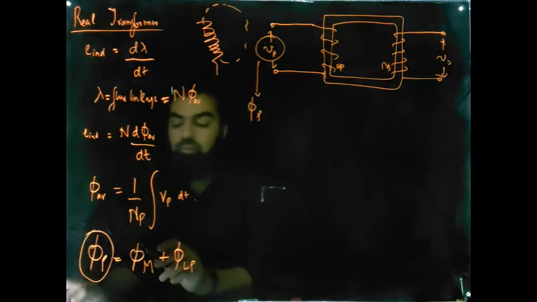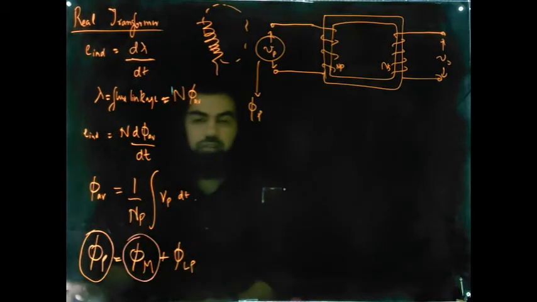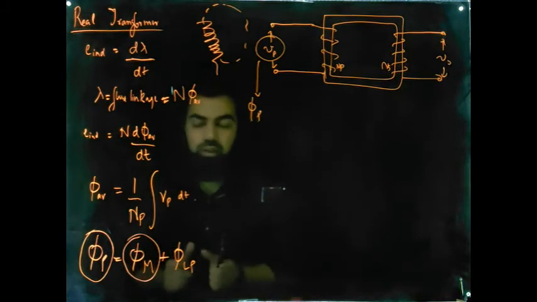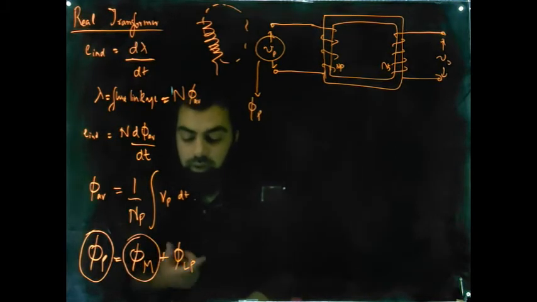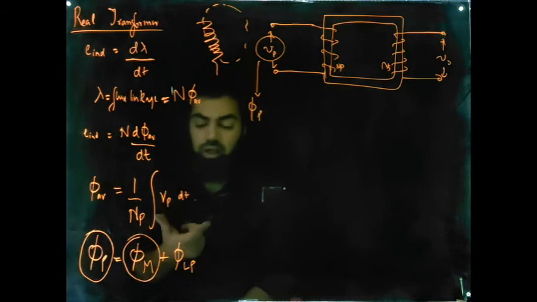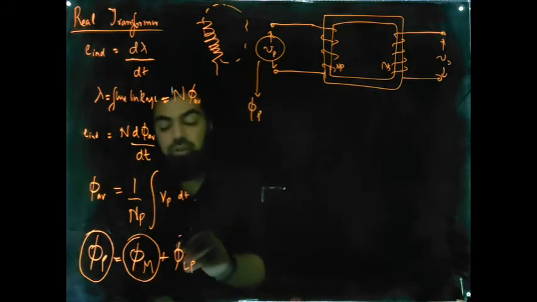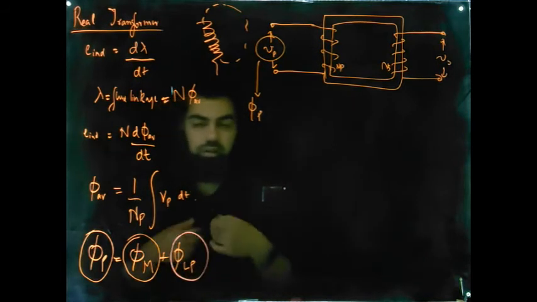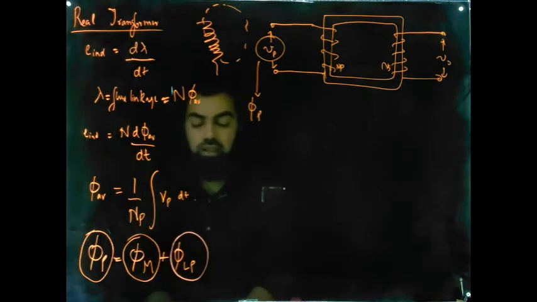Only the phi m component of this flux is linked with the primary winding. This phi m represents the mutual flux component, and some of the flux is lost in the air, therefore referred to as the leakage flux.